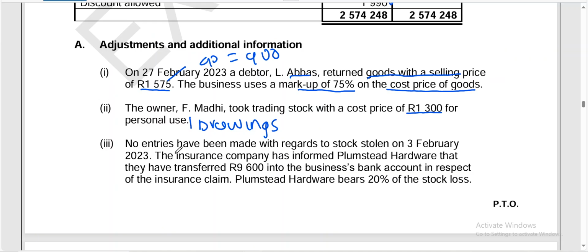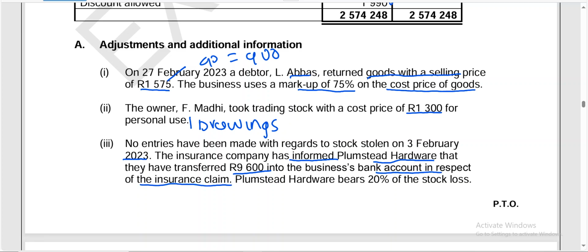The next transaction says that no entries have been made with regards to stock stolen on 3 February 2023. When they say no entries, it means that no records were made. Here they're saying that the insurance company has informed Plumstead Hardware that they have transferred 9,600 into the bank account in respect of the insurance claim.